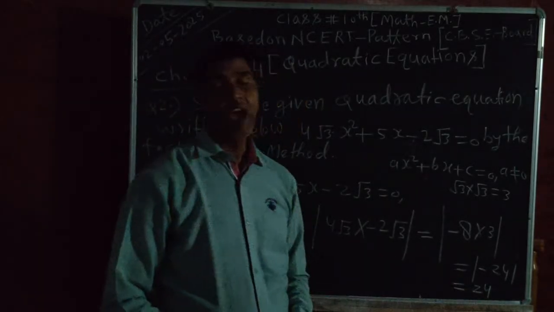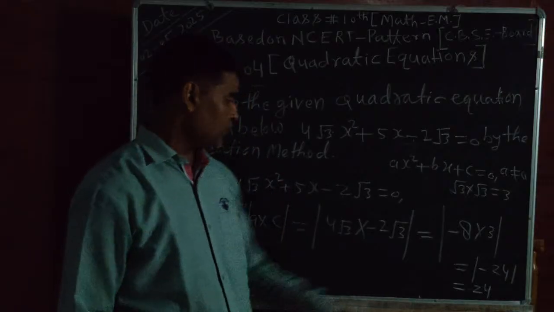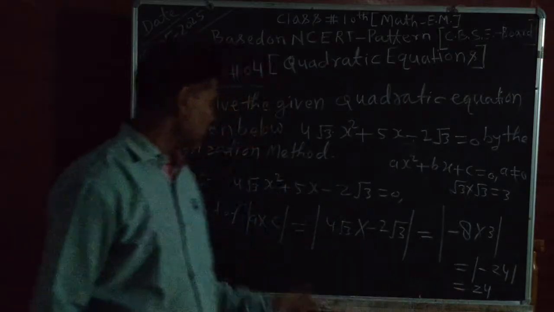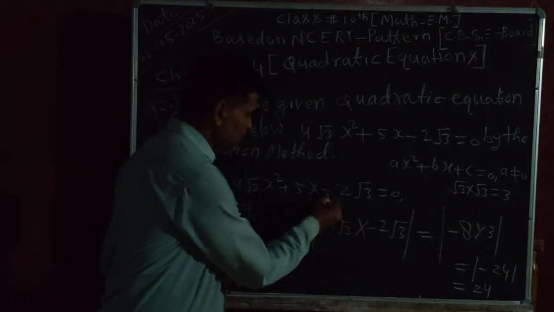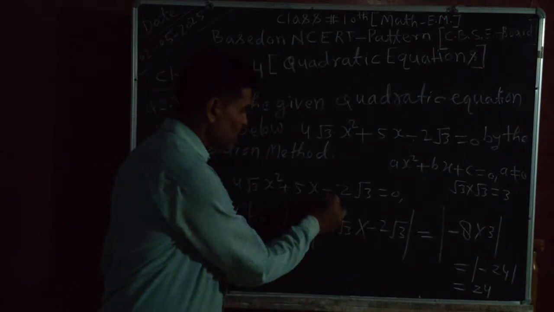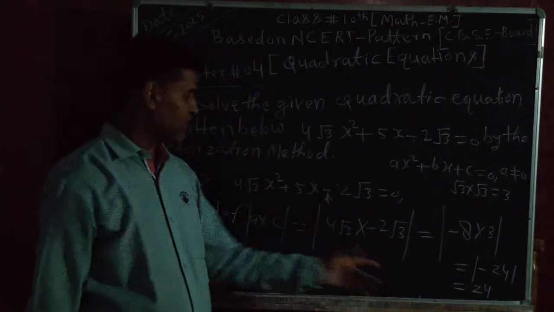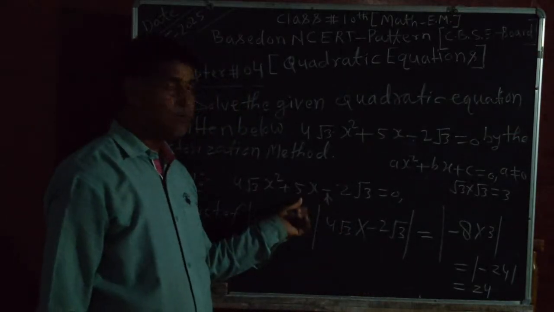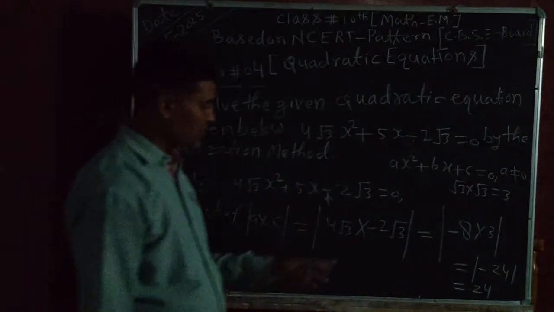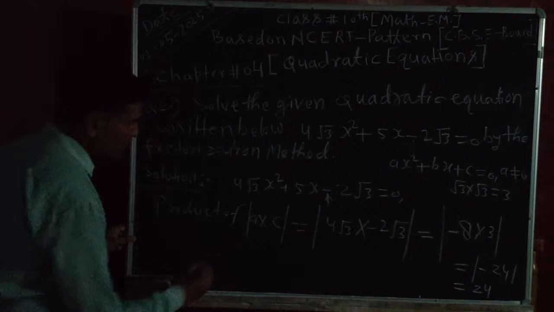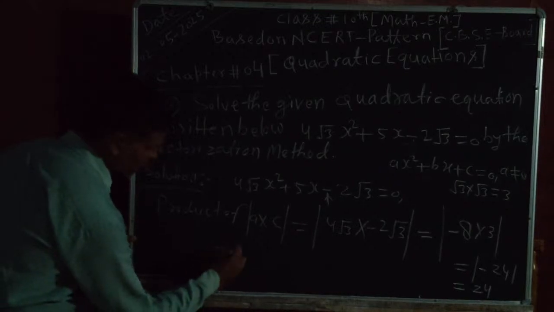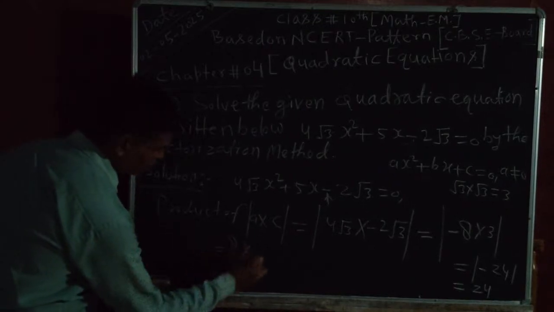Now further I will take the factors of 24 in two parts, and since a minus sign is available, after subtraction of one number from the other, that will be the coefficient of x. Now 24 is available, so one factor will be 8 and the other factor will be 3.